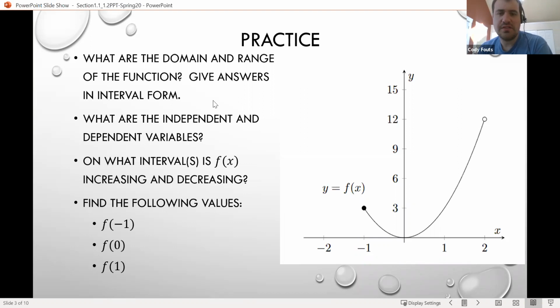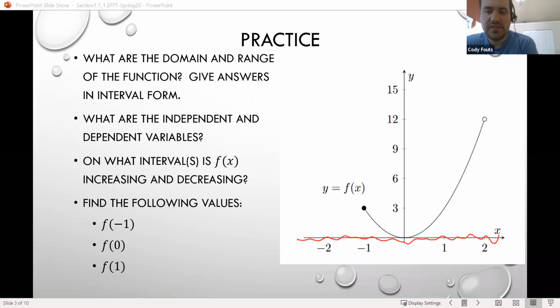Now you may recall that the domain of a function is the set of all possible inputs for the function. The domain's values are given along the horizontal axis. So basically we want to look at what values along that horizontal axis this function is covering.